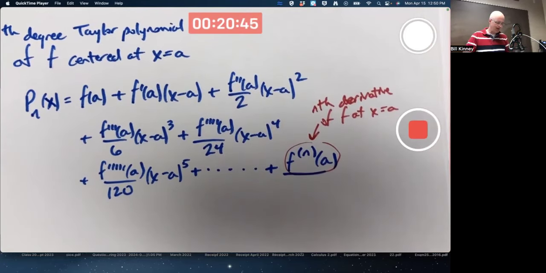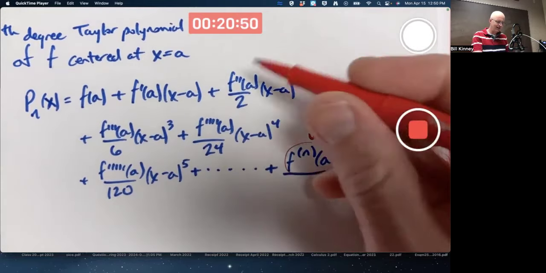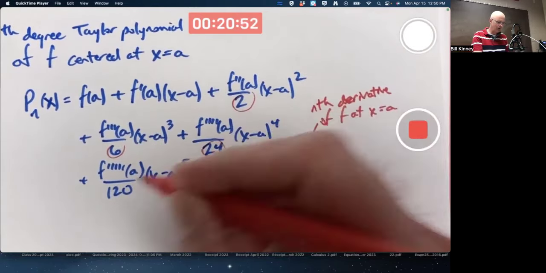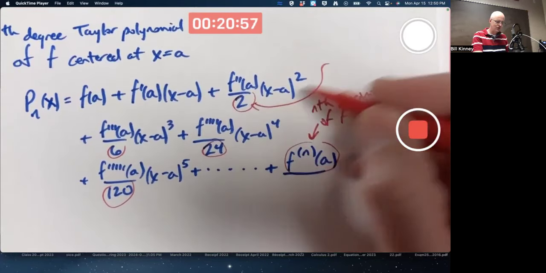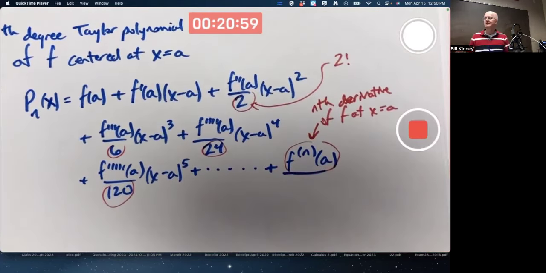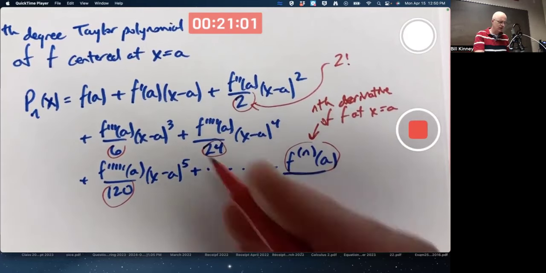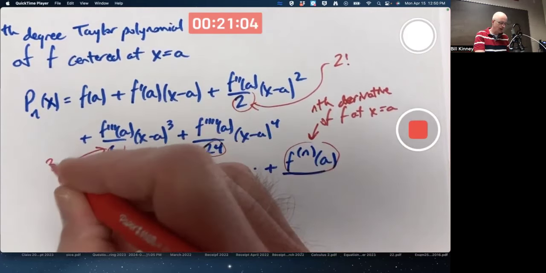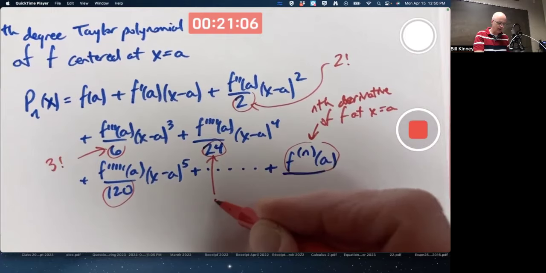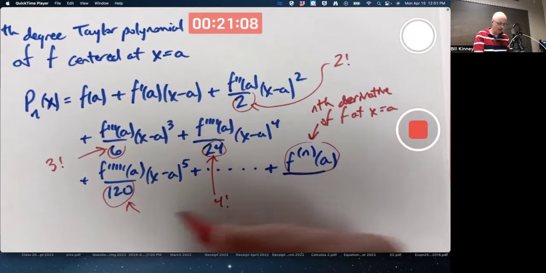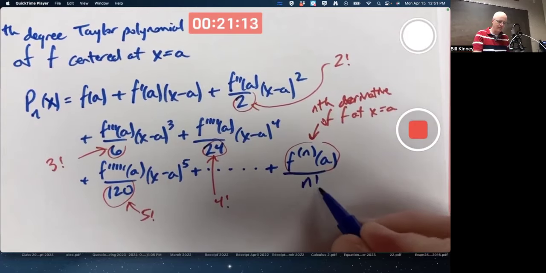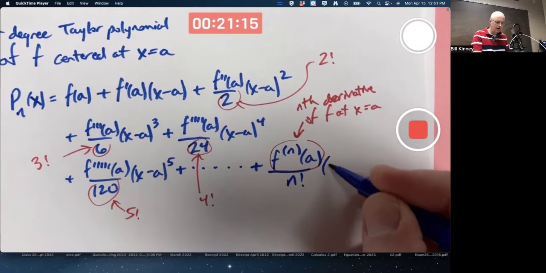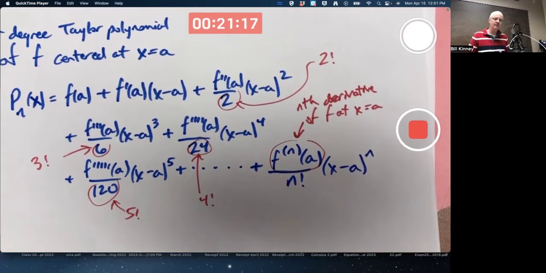But what do we divide by? I hope you see a pattern here. This 2, 6, 24, 120, you've seen this pattern before. That's 2 factorial, 3 factorial, 4 factorial, 5 factorial, and in general, it's n factorial, all times x minus a to the nth power.